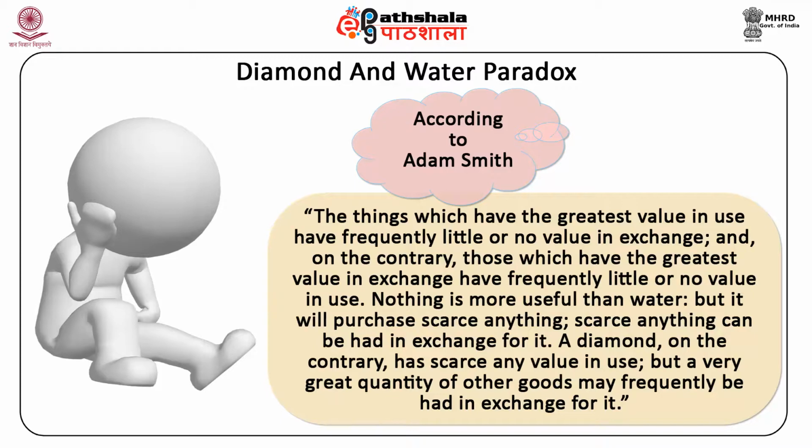Nothing is more useful than water, but it will purchase scarce anything. Scarce anything can be had in exchange for it. A diamond, on the contrary, has scarce any value in use, but a very great quantity of other goods may frequently be had in exchange for it.